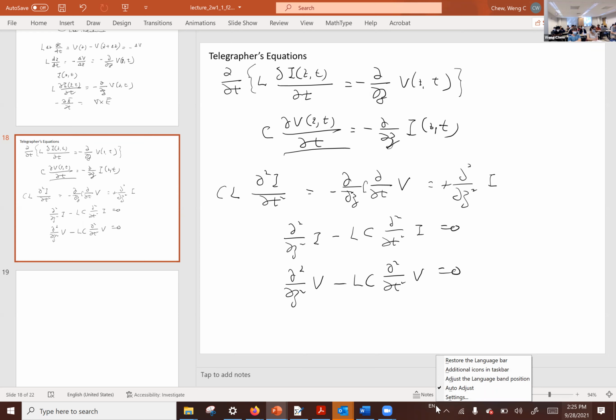One wave equation is for the current, the other one for the voltage. So by simplifying things, you can see waves come out from this very simple transmission line theory. These are called the telegrapher's equations. They were actually derived by the telegraphers before Maxwell's equations came about.